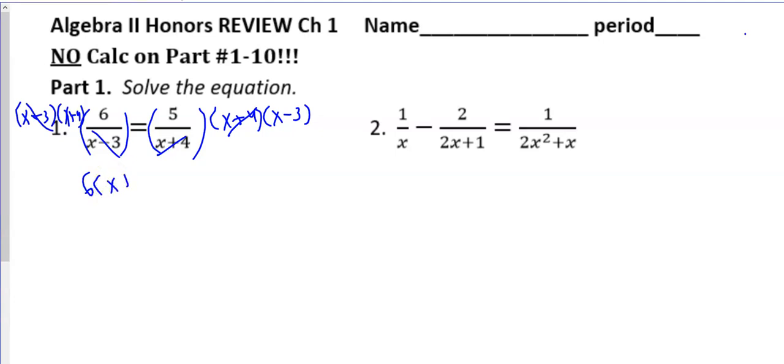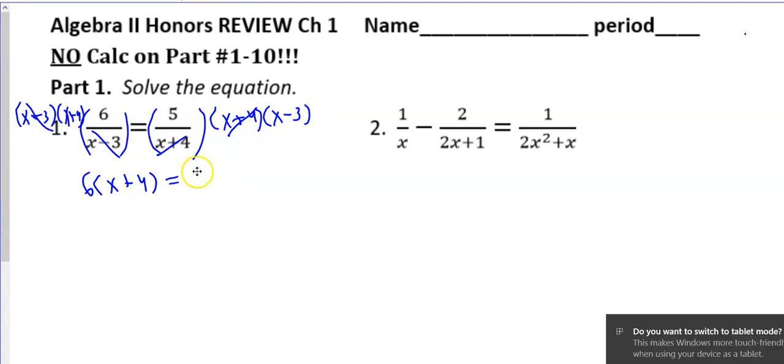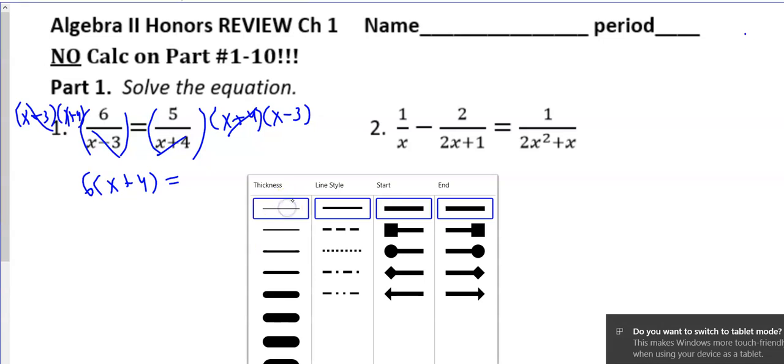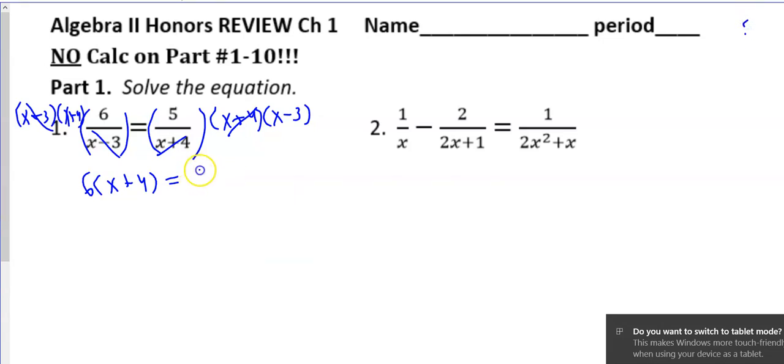6 times x plus 4 equals, let's see, equals 5 times x minus 3. So then you're just going to distribute there. So 6x plus 24 equals 5x minus 15.